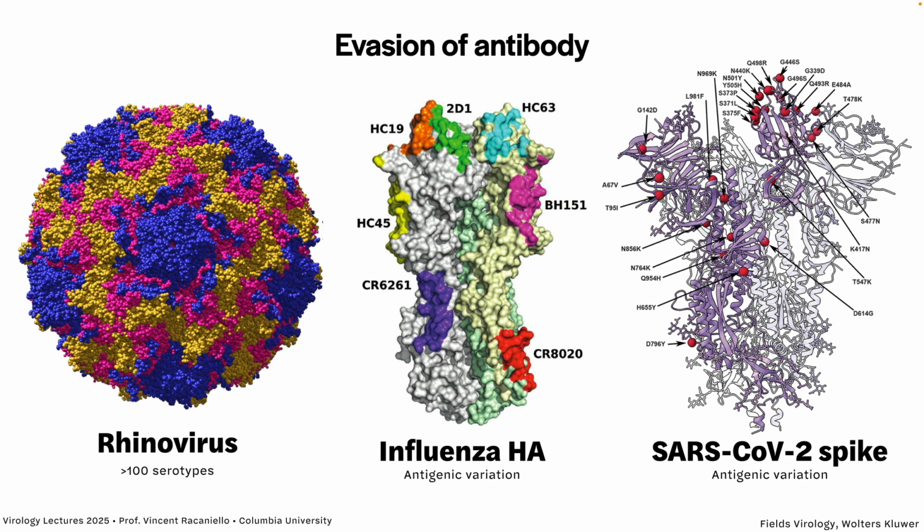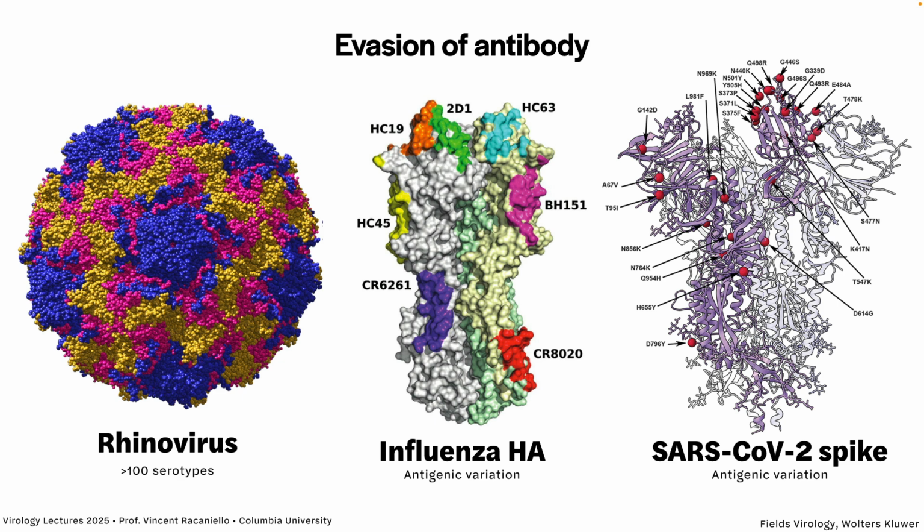And each one is not neutralized by antibodies against another. So if you're infected with rhinovirus 1, you recover, you make antibodies against rhino 1, then you're infected with rhino 2 or 100, your antibodies against 1 don't protect you. So you get infected over and over and over. It's a form of immune evasion, just making lots of serotypes.